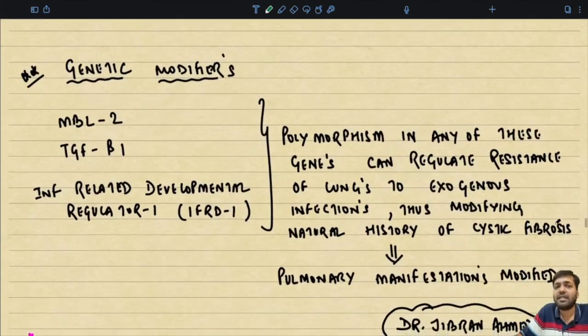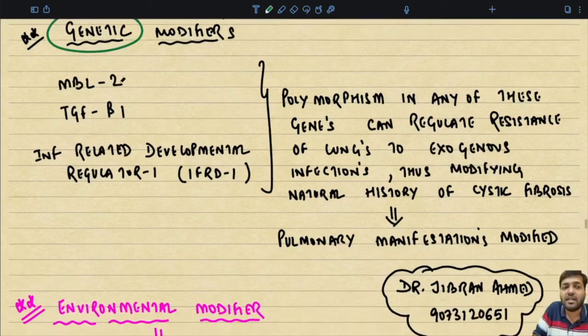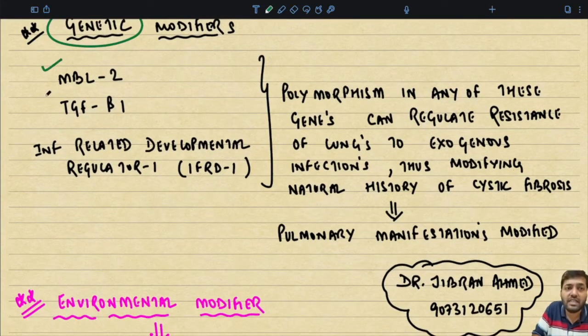Now, as I told you, the phenotype or clinical features of an individual with cystic fibrosis depend on certain genetic and environmental modifiers. What are those genetic modifiers? There are certain genes like the MBL2 gene, TGF-beta1 gene, and interferon regulated developmental regulator 1, or IFRD1, gene.